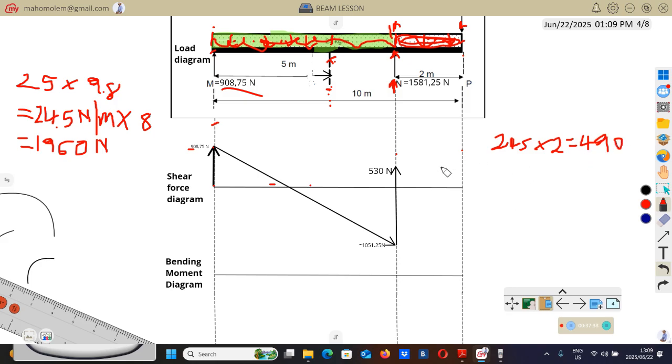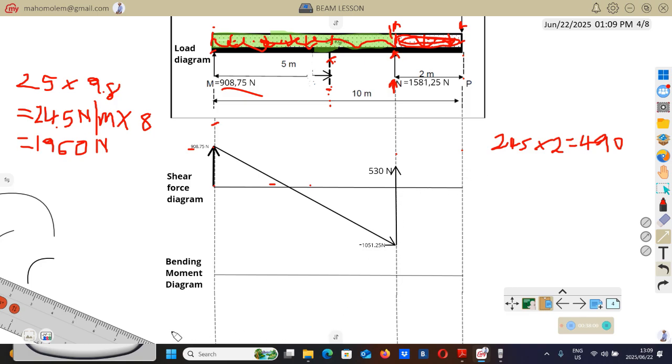Remember, on the shear force diagram, if between this point and this point you have a UDL, then we're going to use a sloping line. So here we're going to draw the sloping line. Then we start from here. Where are we going to stop?